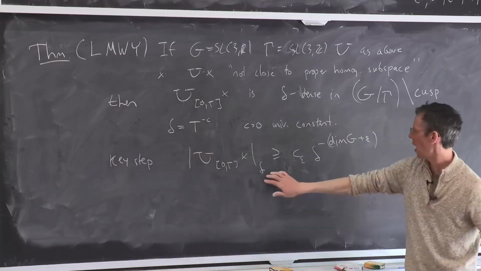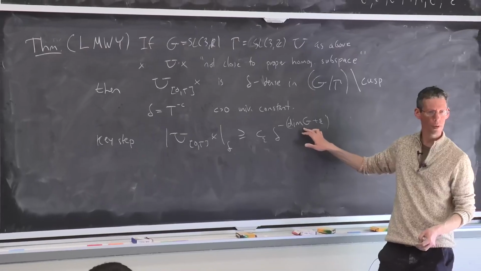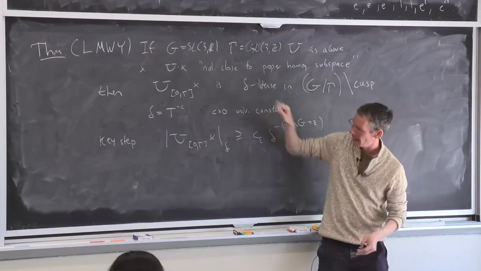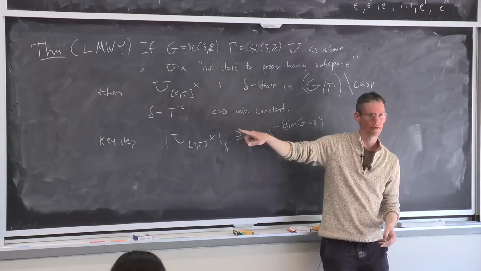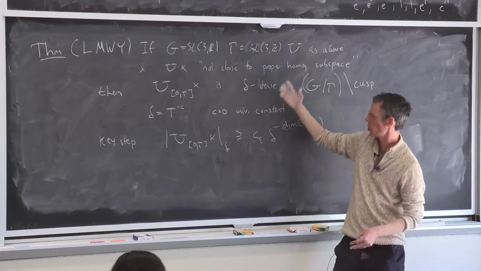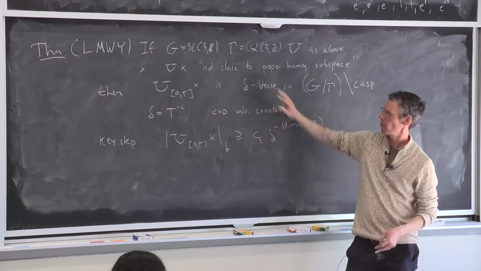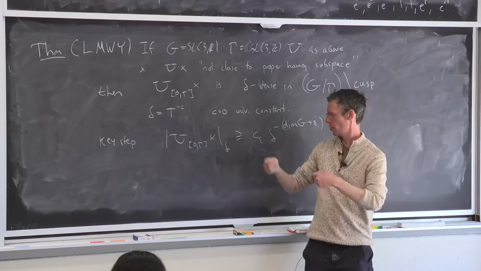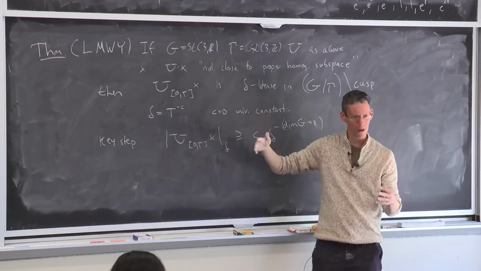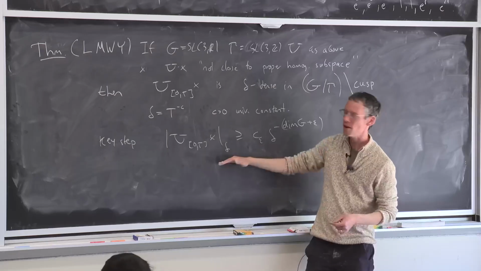The biggest it could possibly be would be delta to minus the dimension of the group. That's the delta covering number of the whole space. And it's quite close to that. That's a key step. It's analogous to the proof that we sketched for the simpler SL2R case. And there is an additional argument, but it seems like the most novel and important part of this paper was using projection theory, using those kinds of theorems, plus some other smart stuff to show that the orbit covers a lot of ground.